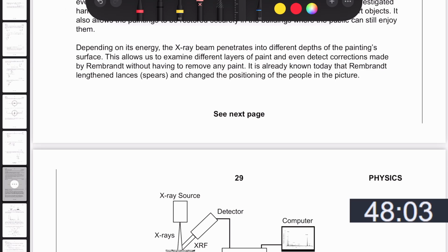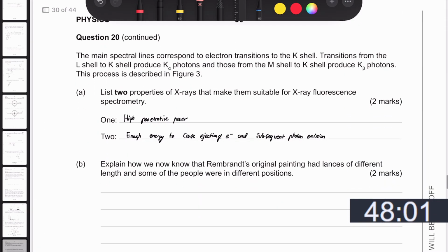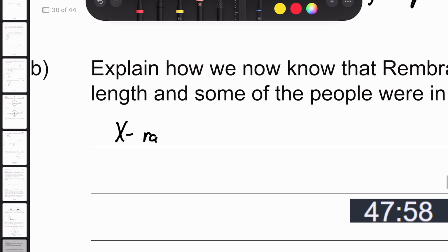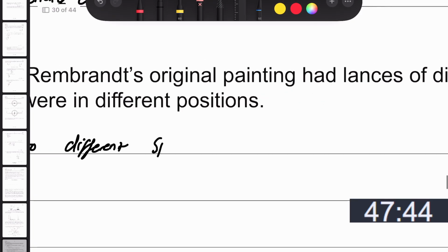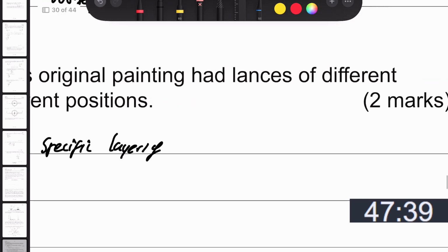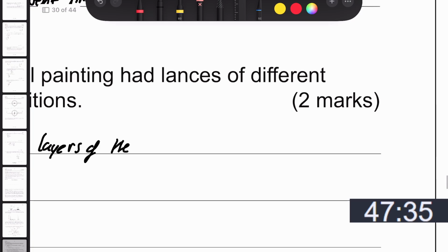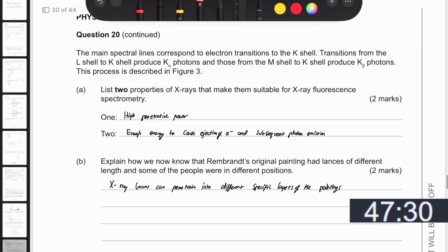X-ray beams can penetrate into different specific layers of the painting surface.